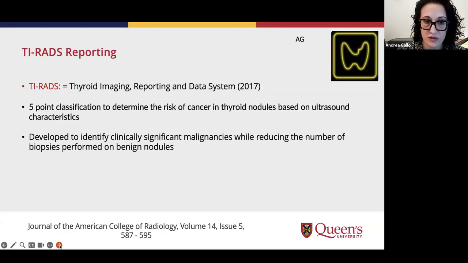The TIRADS is one of the most recent ones and has been working much better than others. Basically, it gives a 5-point classification, trying to establish the risk of these thyroid nodules based on the features on ultrasound. And the idea of TIRADS is to better identify what is really a malignant thyroid nodule and reduce the unnecessary biopsies of benign thyroid nodules.